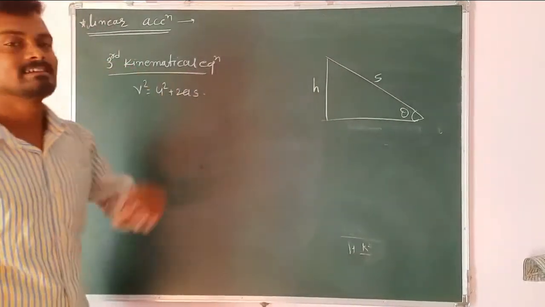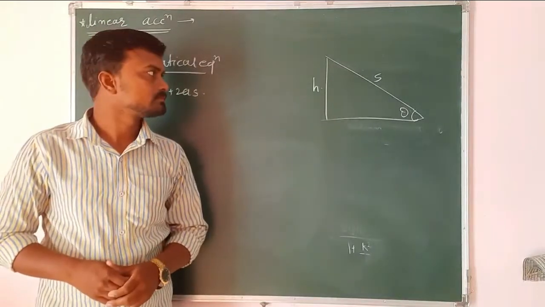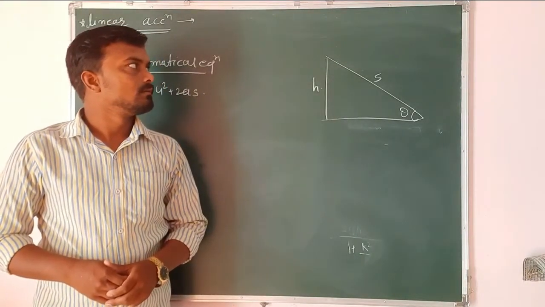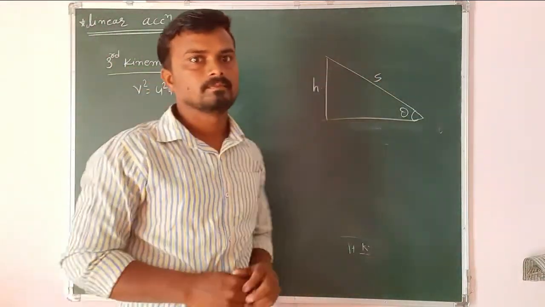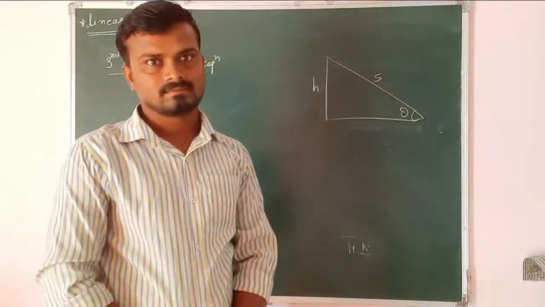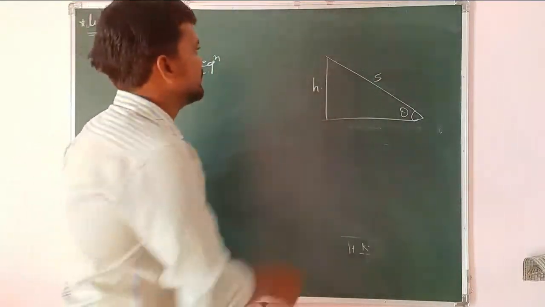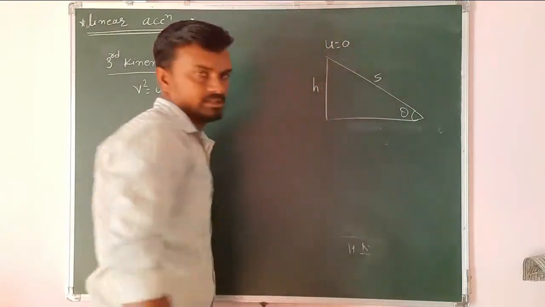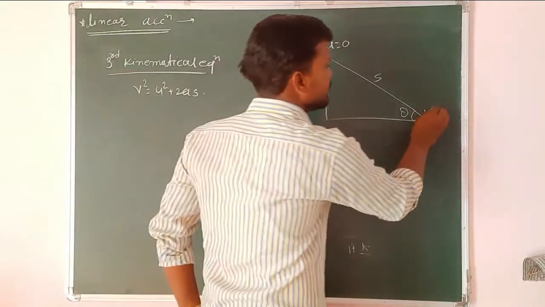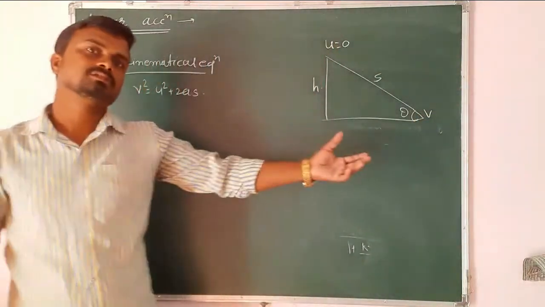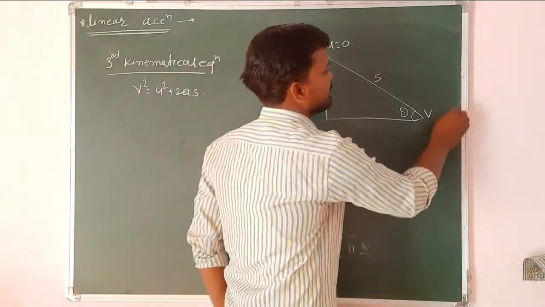Let us come towards the linear acceleration. I modified the diagram. For the motion of an object from top to bottom, the object covers a distance s. Initially, its velocity is 0, and with the velocity v, it travels towards the lowermost position. Consider the acceleration is a.